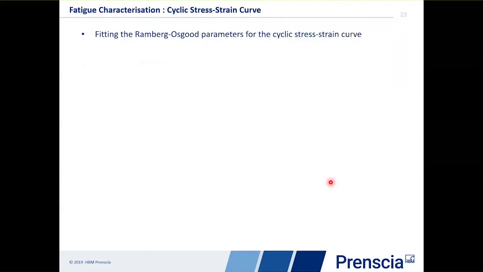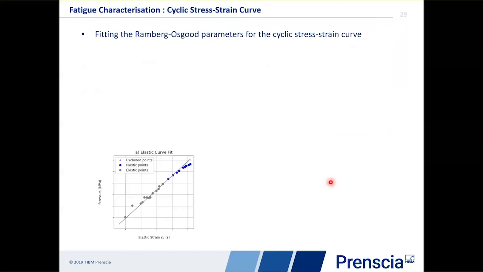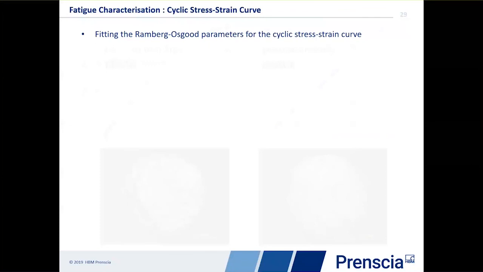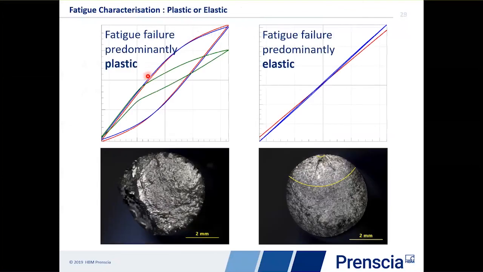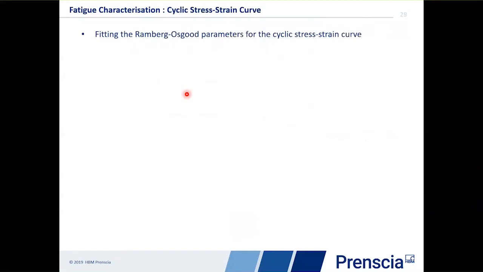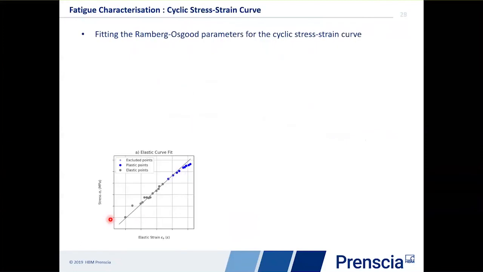The first thing that we fit then is the Ramberg-Osgood stress-strain curve. So we fit it in 2 parts. First of all, we take the stress versus the elastic strain, so we only take the elastic strain now from these 2 specimens. Remember, elastic strain is total strain minus plastic strain. We plot that elastic strain versus stress, and we fit a straight line through that.